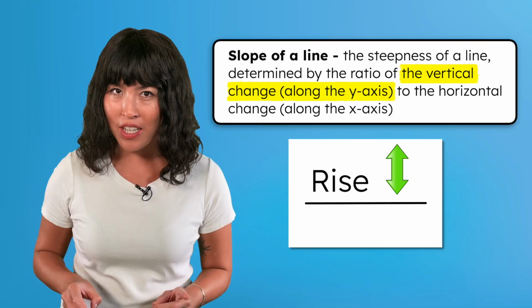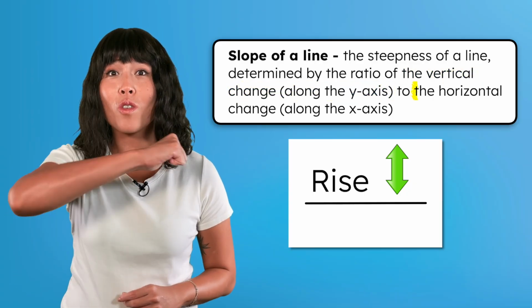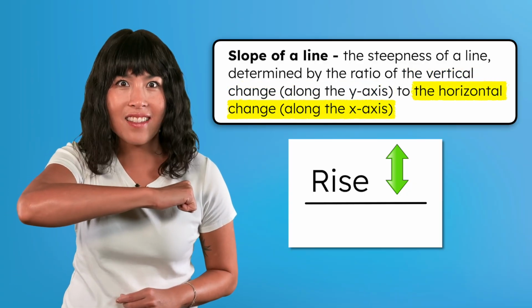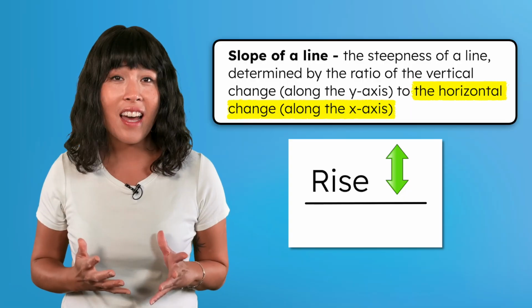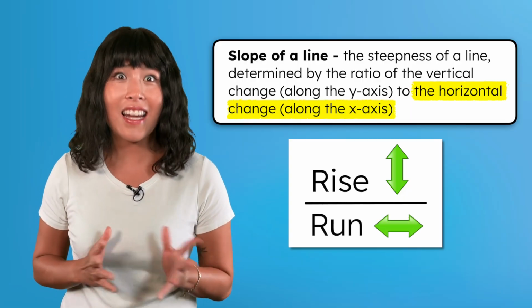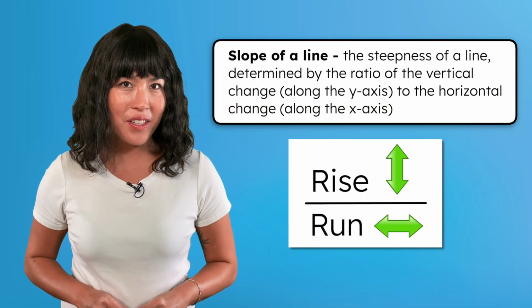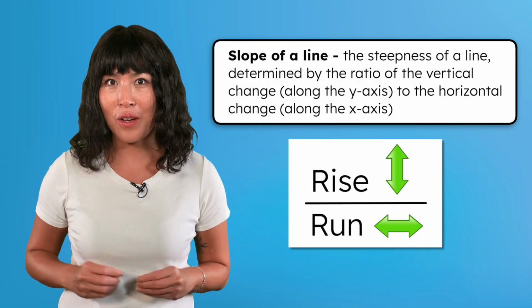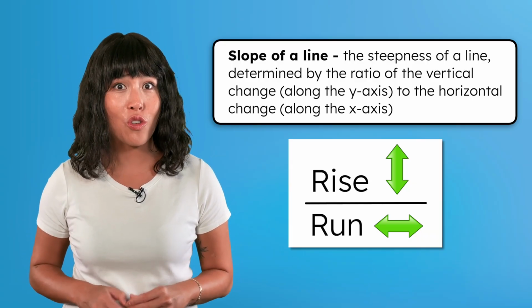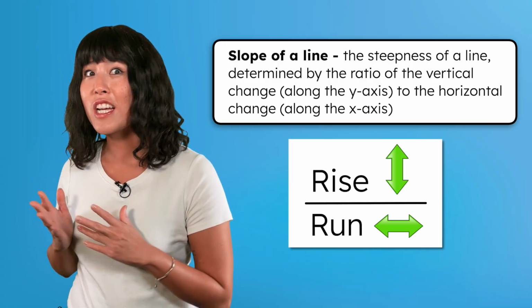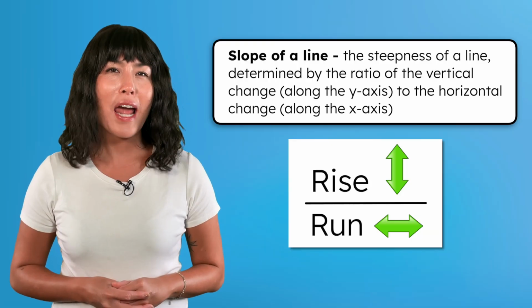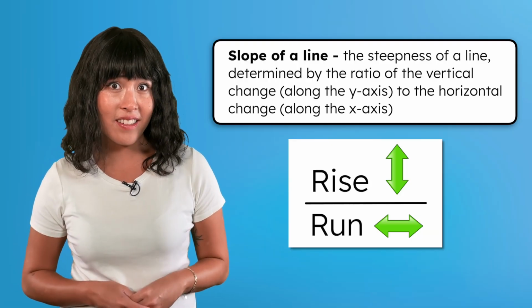The denominator of the slope fraction is the horizontal change along the x-axis, which is how quickly the line runs side to side. So to calculate the slope of a line and find how steep it is, we determine its rise and put that over its run. But how do we do that?